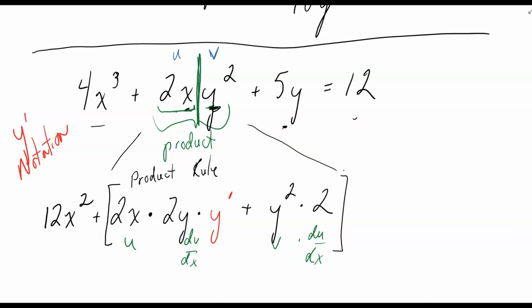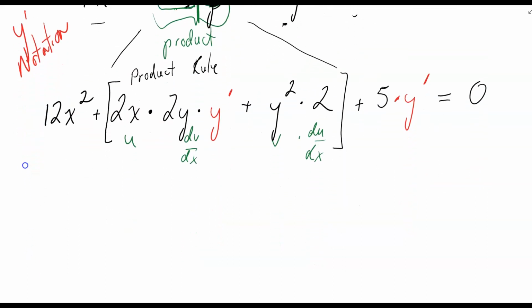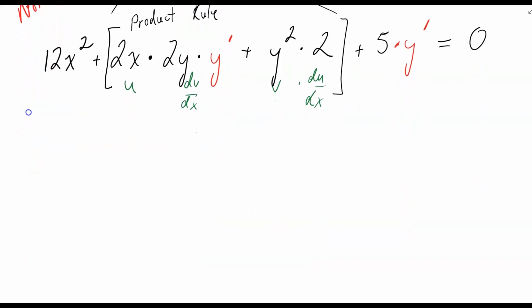And now we have to move on to the plus 5y. The derivative of that is plus 5. But because it's a y, not an x, we must multiply by y prime. And then the derivative of 12 is 0. Okay. Let's just tidy this up now. We have, get the brackets out there.